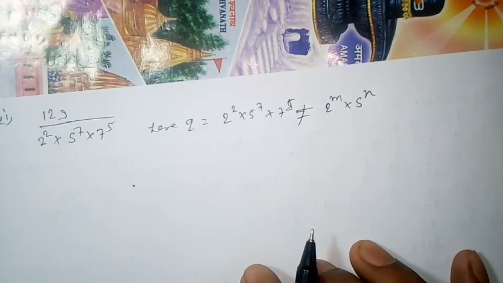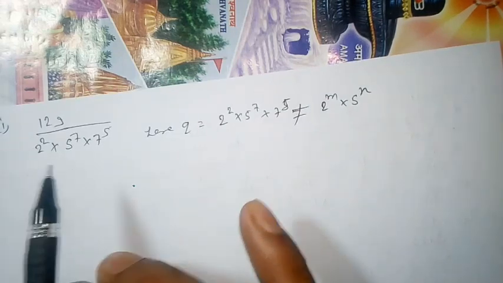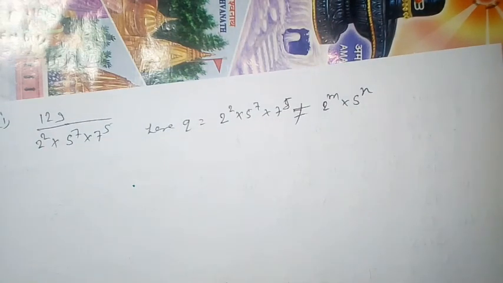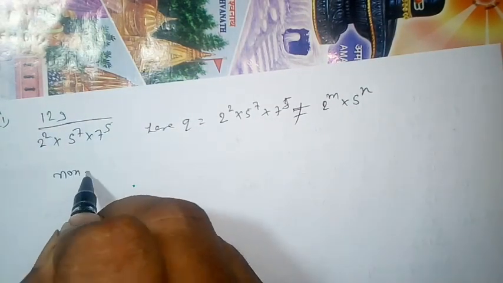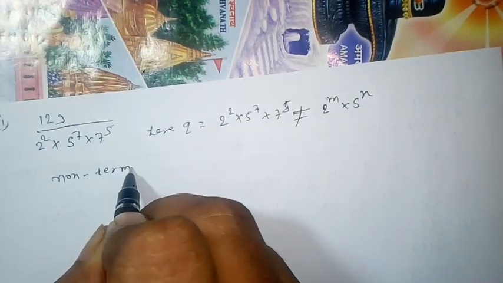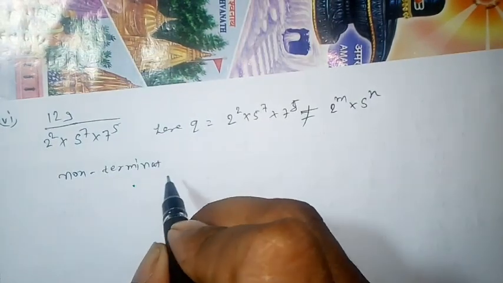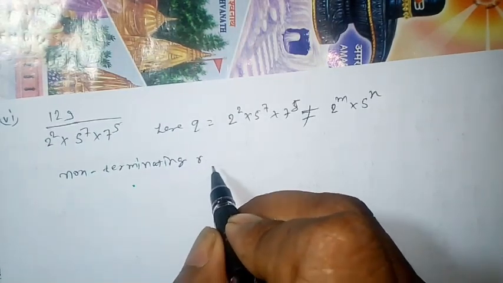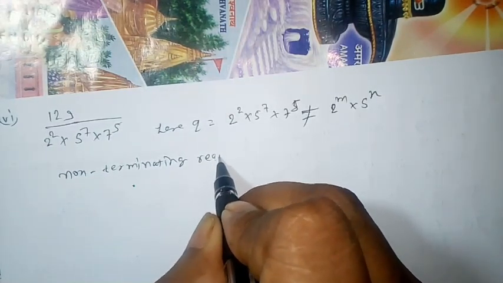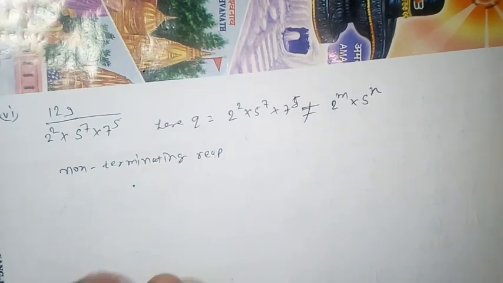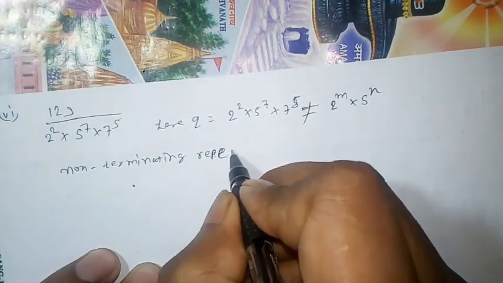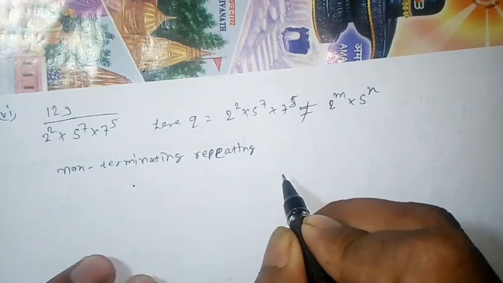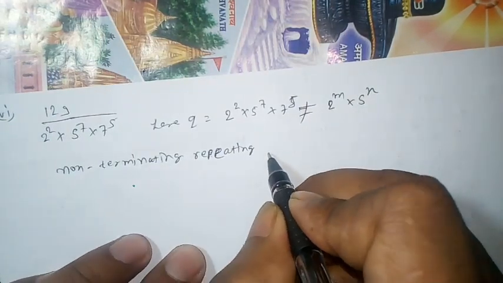So this rational number is a non-terminating repeating decimal.